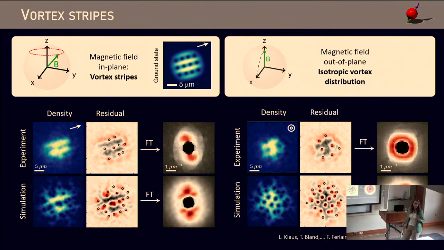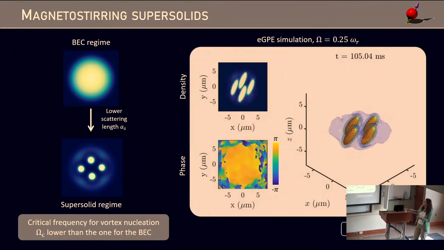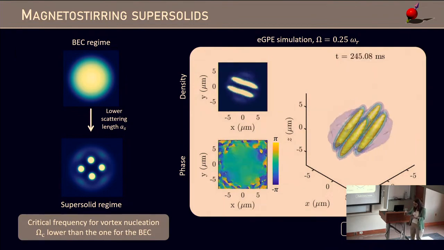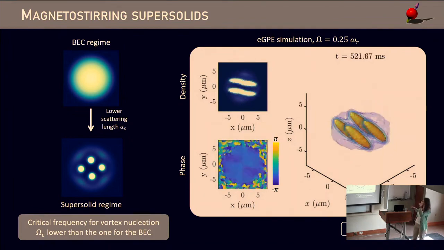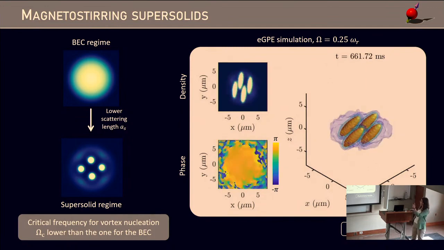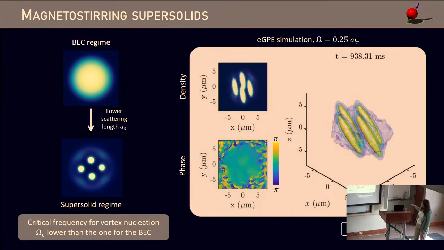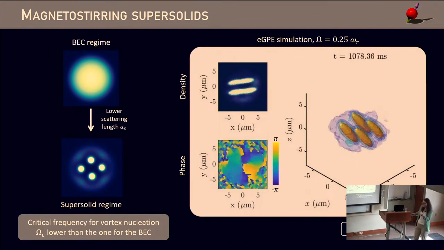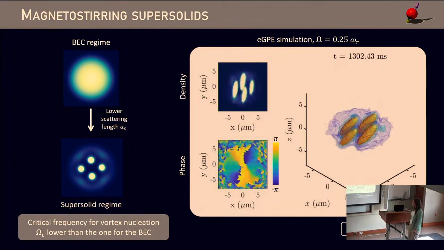But as I said at the beginning, we would like to extend these results also to the supersolid state. So in the theory, in particular, we would like to apply the same protocol to a state that is obtained by lowering the scattering length. We would like to tilt again the magnetic field and rotate it, as it is in this simulation. We expect the droplets to follow the rotation, so we are inducing a rotation to the system, and as you can see from the phase here at the end, after a certain amount of time, there are, for example, 2 vortices.